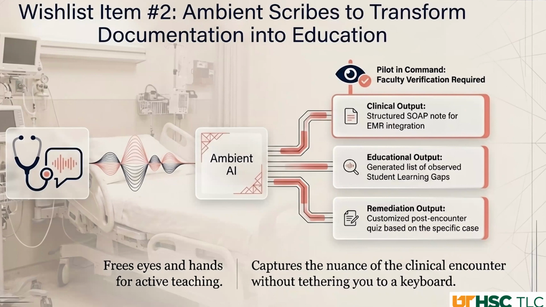So these will require that the ambient scribe can be connected to the trainees system for feedback and start making matches between what's happening, what's being observed, and what kind of learning support it will require. So again, this is not something you can set up on your own because it needs to be set up on the back end.